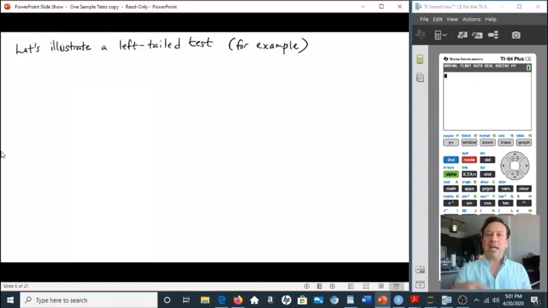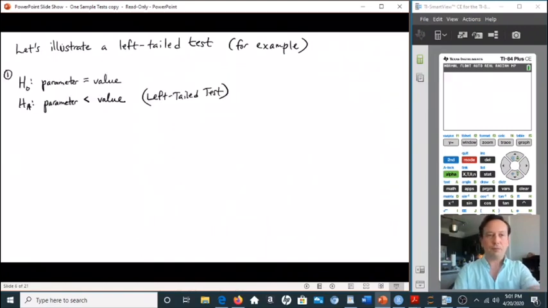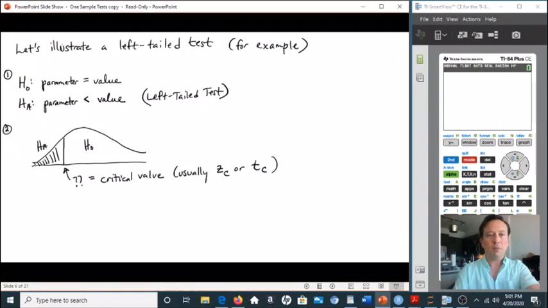All right, so let's pretend that we're going to set up a left-tailed test as an example. So remember, for a left-tailed test, we need a less than sign for the alternative hypothesis. So our null is always an equal sign, so our parameter equals a particular value. The alternative is that that parameter is less than that particular value.